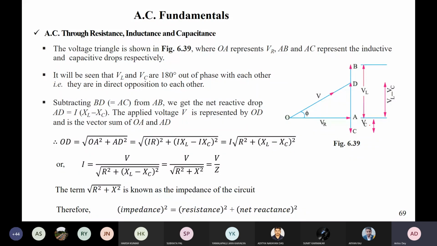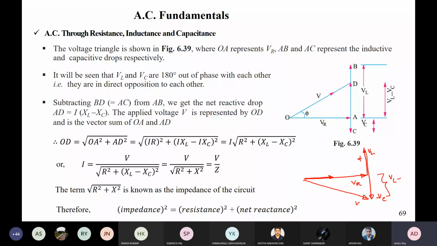Another case will be: you have your I like this, your VR like this, you may have VL like this, and VC like this from here. So this is your net V. This is plus VL, this is minus VC, so this much is VL minus VC.